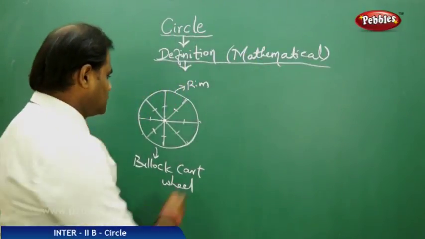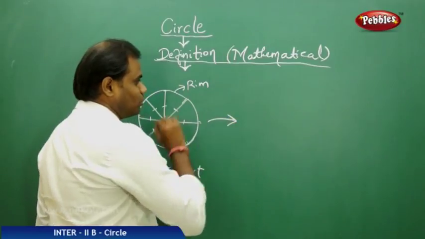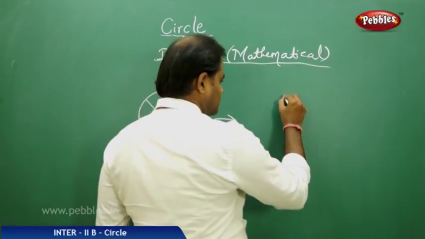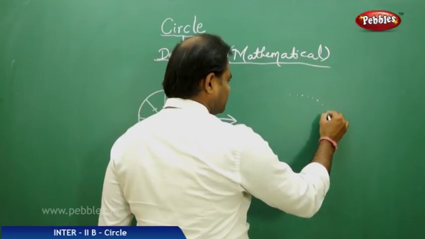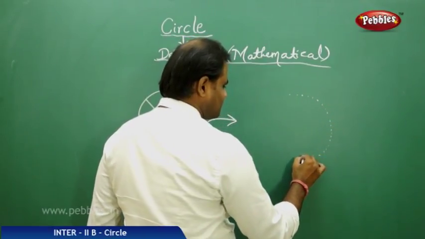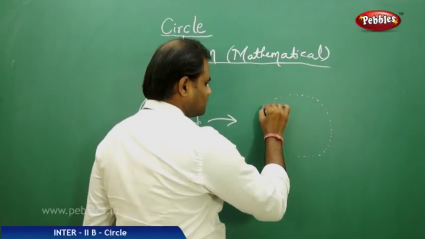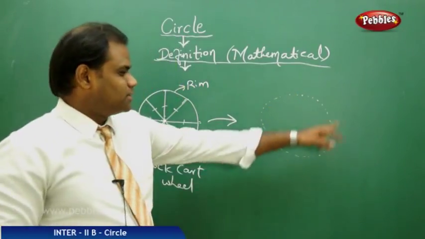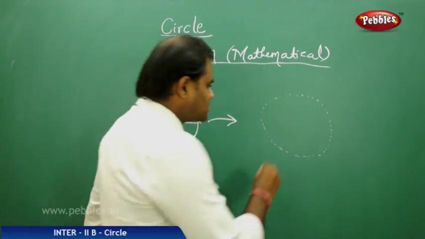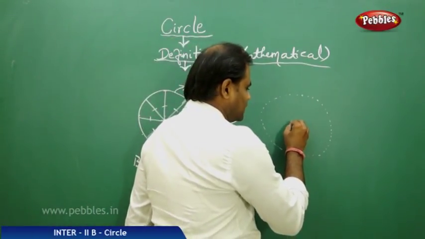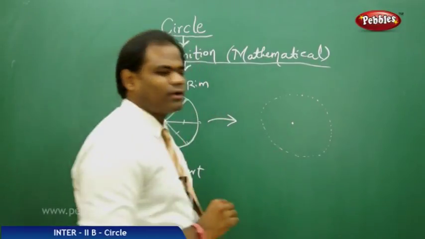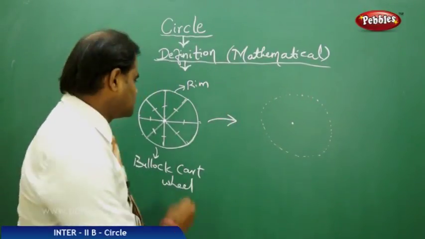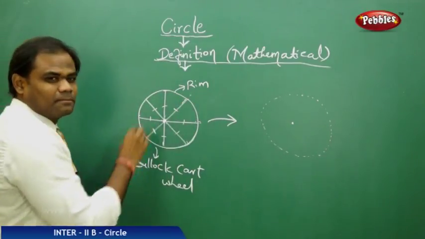So the same bullock cart wheel which I take in the form of defining a circle, I say that the set of points in a plane which are equidistant from a fixed point. That is, if I take this as the fixed point, then each of the points on the rim are equidistant, as can be seen out here.